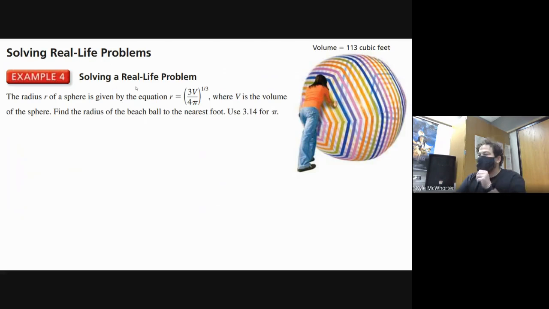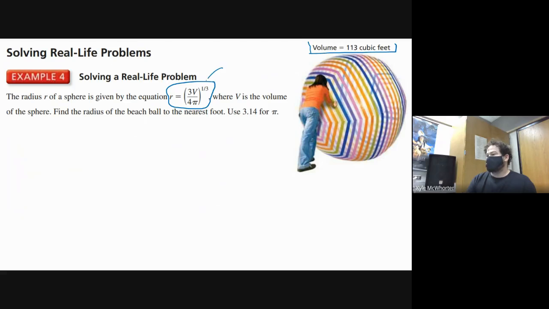And then we can use fractional exponents to do some real life applications too. For example, here's an equation that gives you the radius of a sphere based on the volume. And here's a big old beach ball that has a volume of 113 cubic feet.